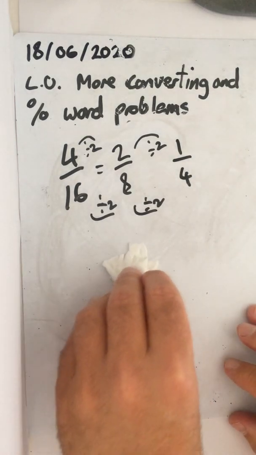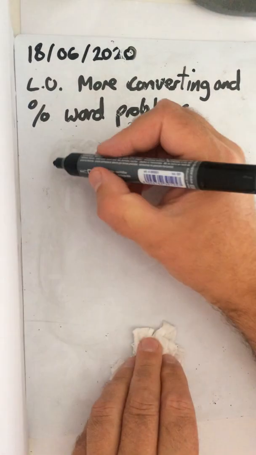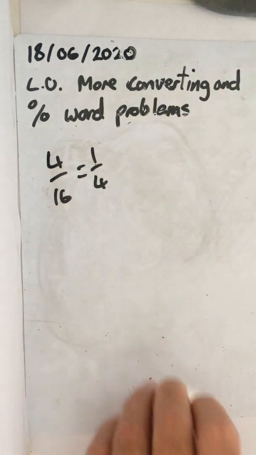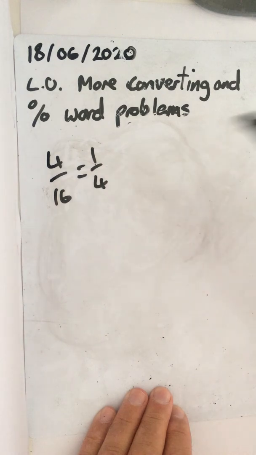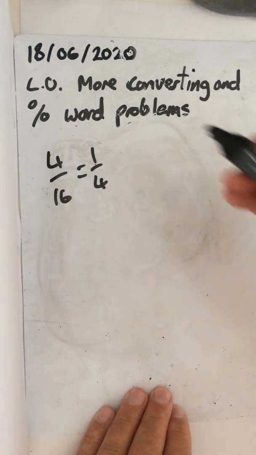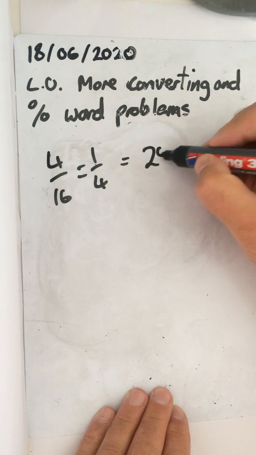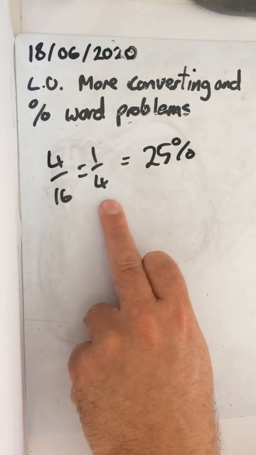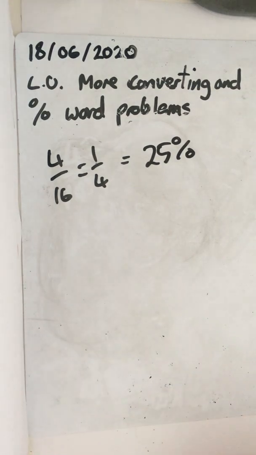So I've simplified 4/16 to 1/4. From the work I did in the last lesson, you'll have these in your books, 1/4 is equal to 25%, because that's one of the ones I remember. So straight away I can convert it quite easily by simplifying.